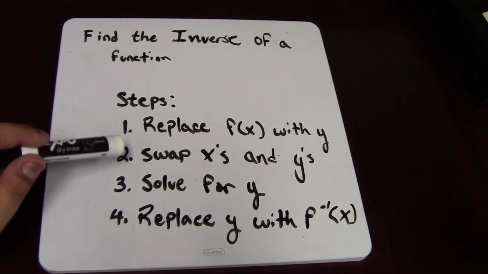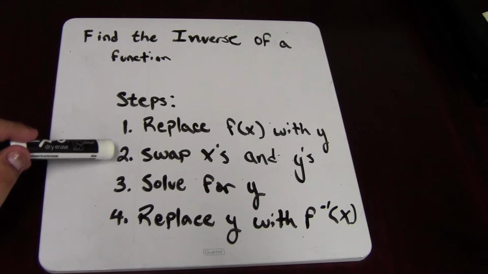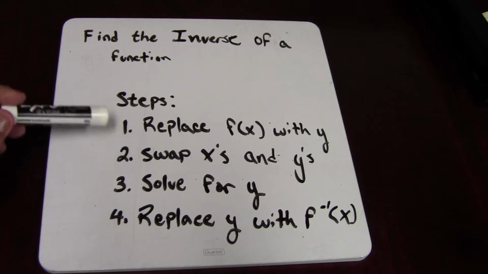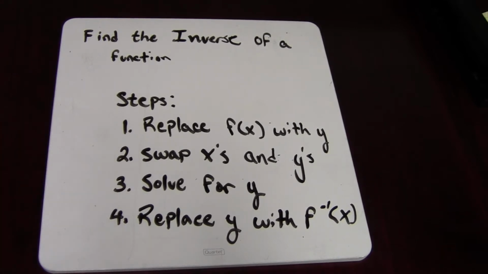Sometimes what you'll see is that instead of swapping first, they'll solve for x and then swap afterwards. So if you see it that way, it's the same kind of idea. Just follow whatever steps you're more comfortable with. These are the particular steps that I like to use.